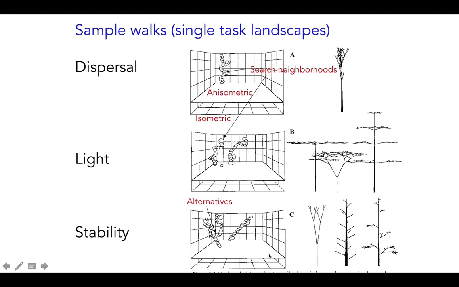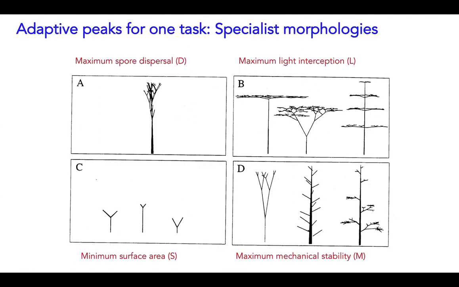Alternatively, biomechanical stability will select for different phenotypes that closely abide by not only the Euler buckling equation, but will minimize the probability of buckling due to gravity. And you'll get a different set of branching patterns. So what's really interesting is that depending on how you select, by either dispersal, light, or stability, you can end up with different branching patterns that look quite different from the initial Cooksonia design.